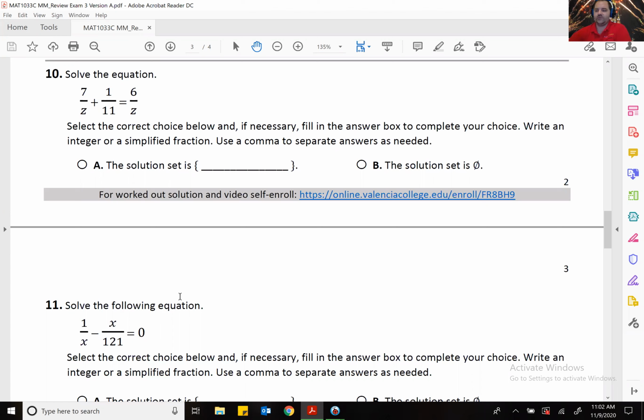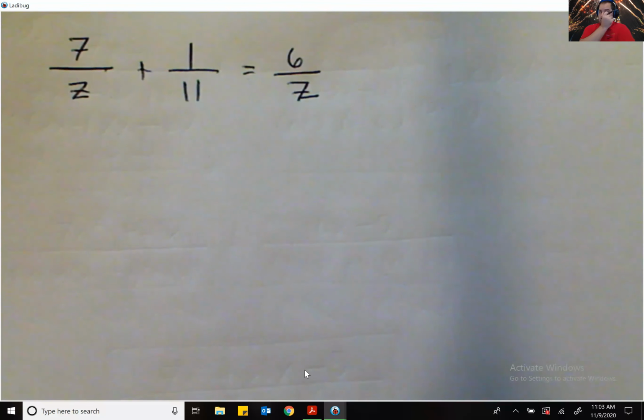We want to figure out what z is. How do we do that? So we've got 7 over z plus 1 over 11 equal to 6 over z. How do we solve?